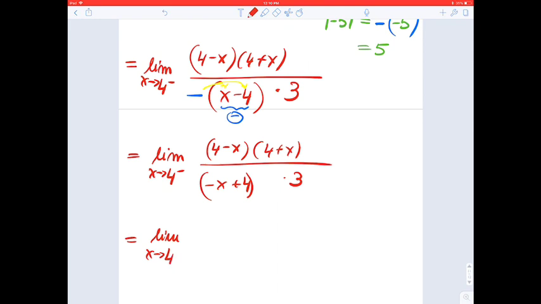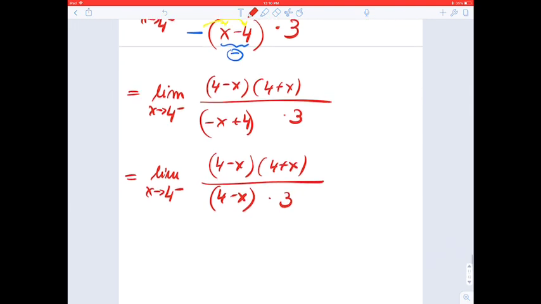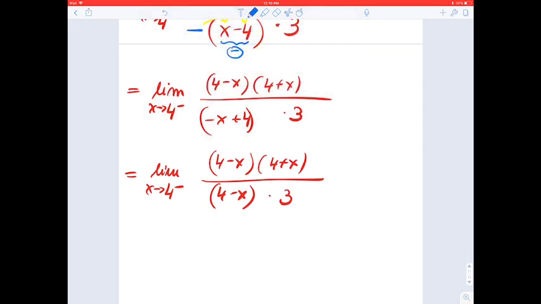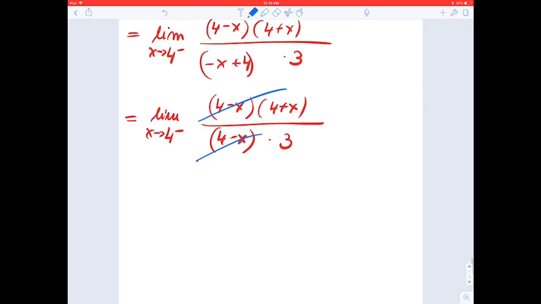You probably know the answer, but I have 4 minus x on top, and negative x plus 4 is actually 4 minus x if I switch the order. Now I can nicely see the common factor. My 0 is gone.